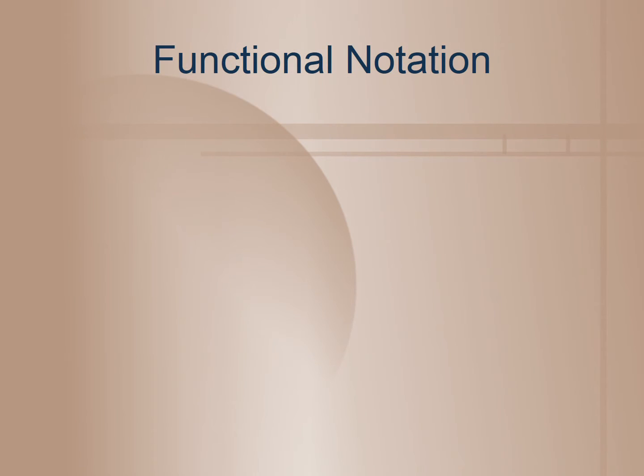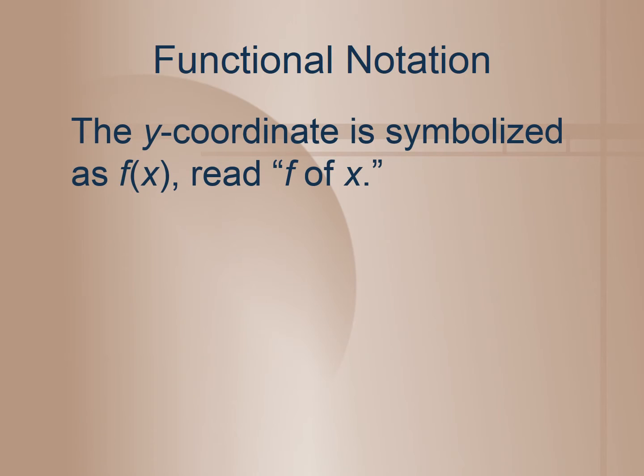So we talked about how a function is usually written as f or g, a lowercase letter, and then we can list the ordered pairs. But another way to have functional notation is, instead of writing y, the y coordinate, we write the notation f(x). This is read "f of x."